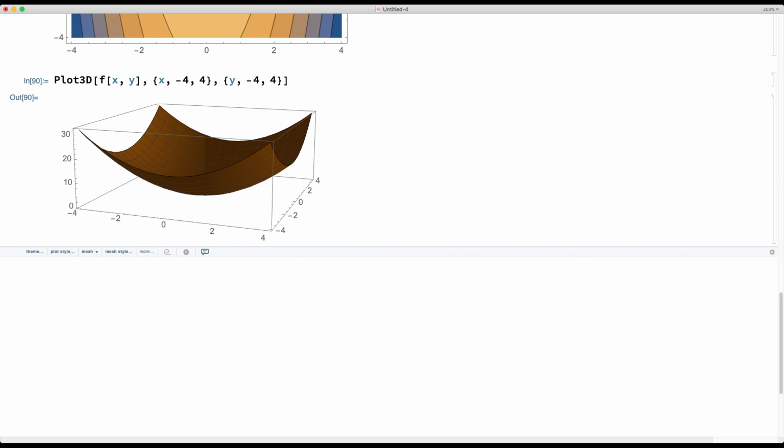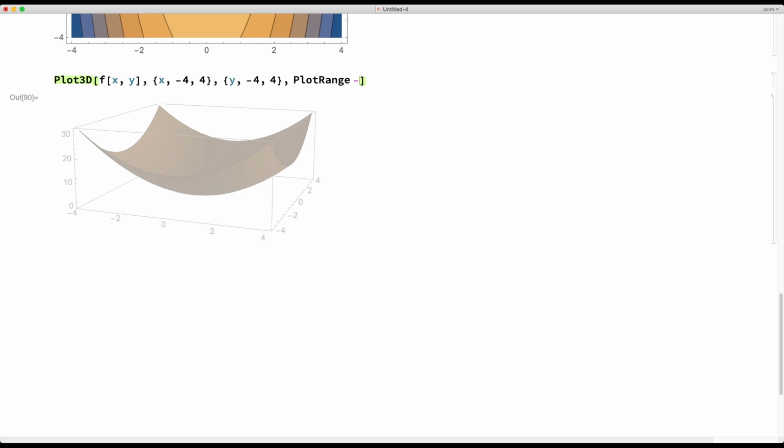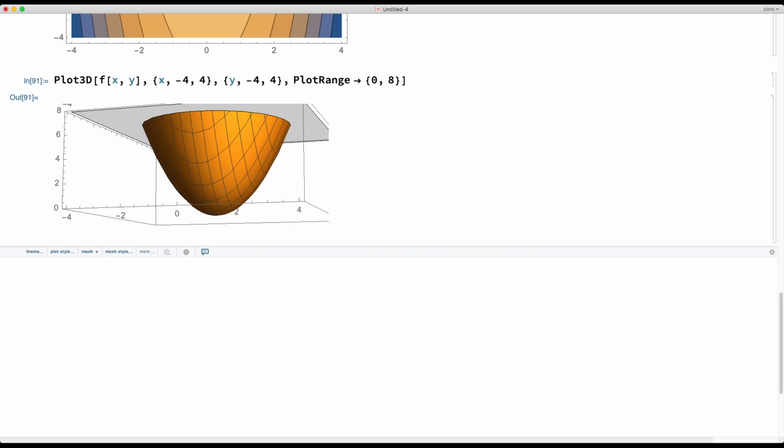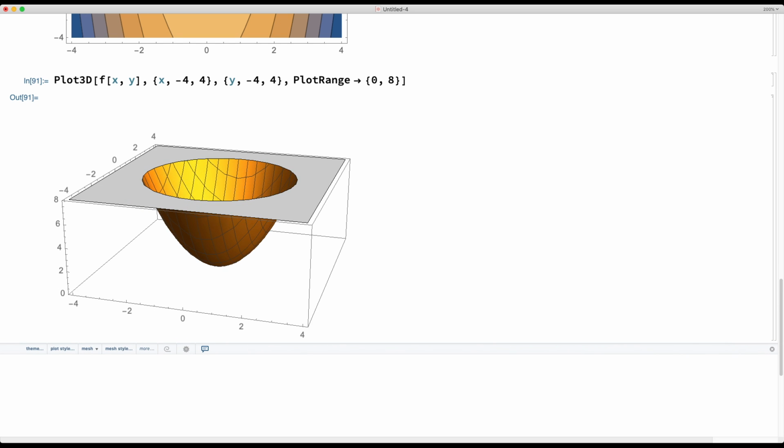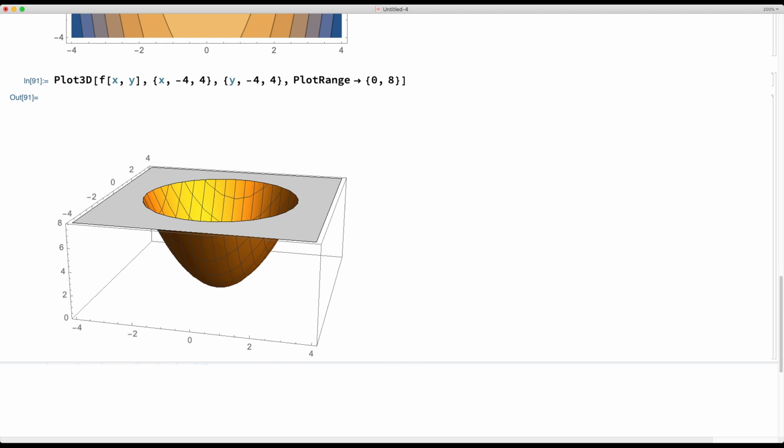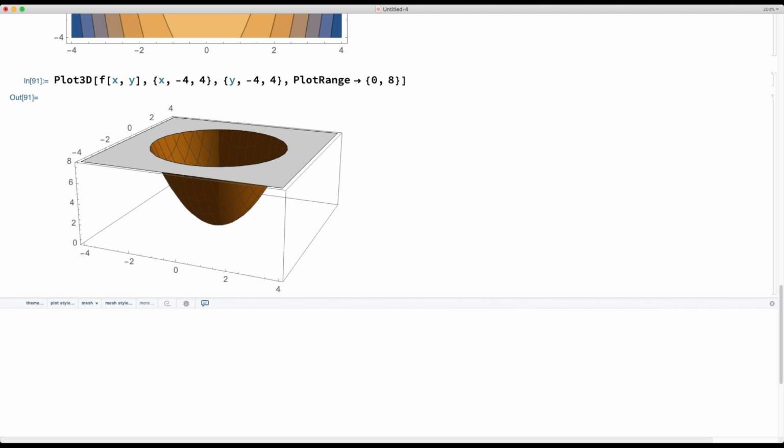Now let me change the plot range here to make it right. So it's kind of like this, but it keeps going up, right? So it's like the bottom half of an egg or top half, depending on your point of view.